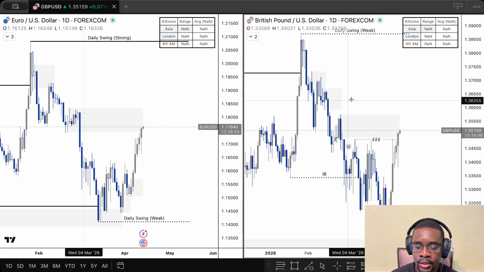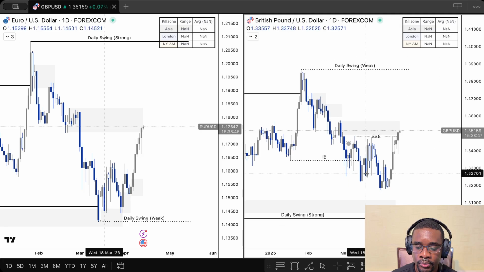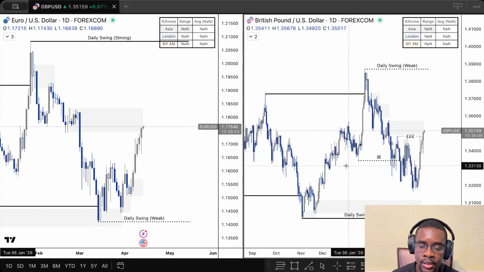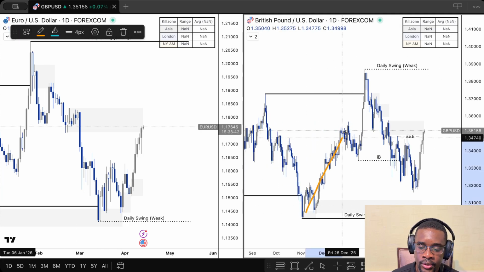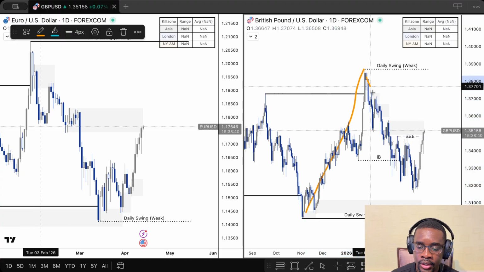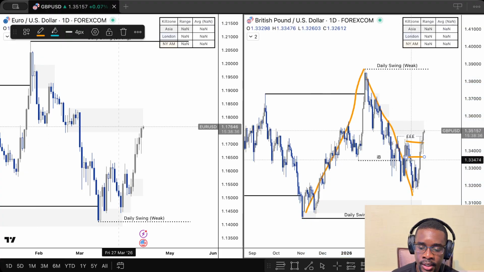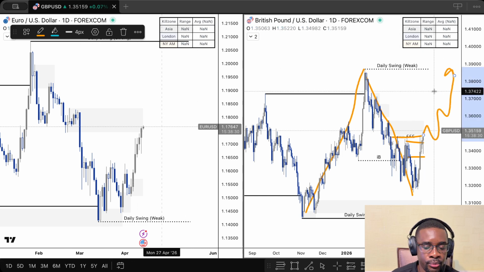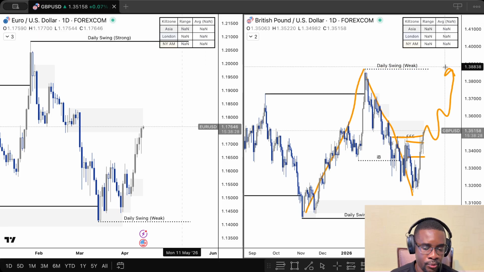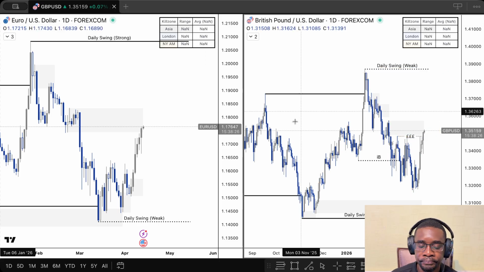This would be in alignment with the fact that we're assuming that the swing trend is continuing bullish and the pullback phase is now complete, and we're now starting to see failure of supply areas. Price is now willing to continue bullish until it takes out the weak daily swing high.